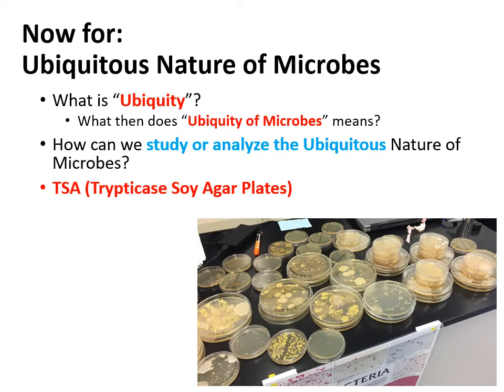And then we do fomite testing, which means we swab different items or objects in the classroom. So to study the ubiquitous nature of microbes, you can do air sampling, you can do body sampling, which would be the handprint or mouth swabs, or you can do object sampling, which would be fomite testing. That's fomite, and you're going to see that in the upcoming slides.